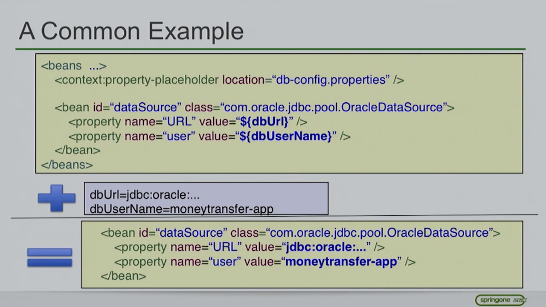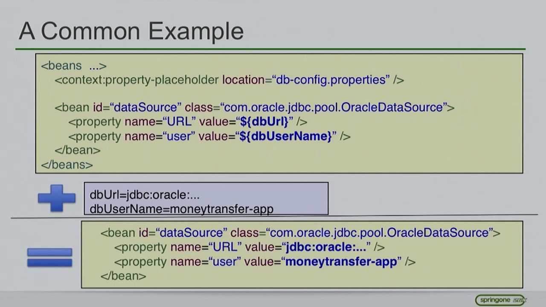So how does this work? Well, here's my bean definition, and notice that I'm using a pattern in my values where it's dollar, curly brace, a variable name, close curly brace. That turns out to be a pattern that is recognized by this property placeholder configurer, and essentially what it does is it goes out to this configured properties file, and it looks for a definition where we have this pattern.